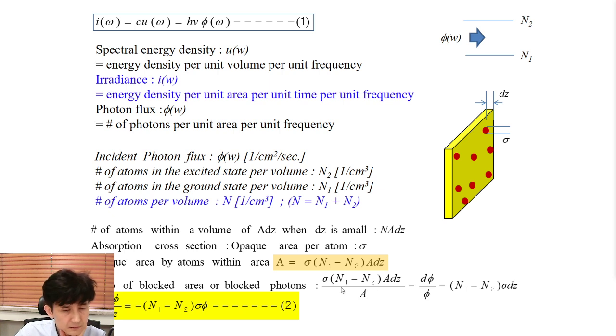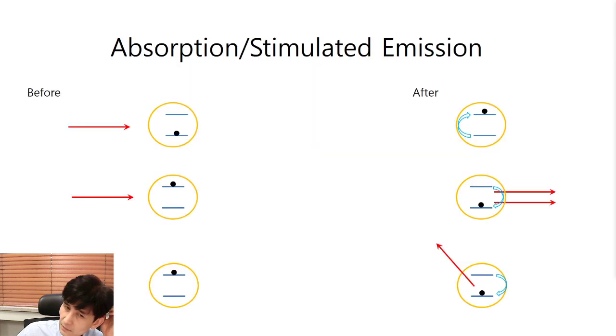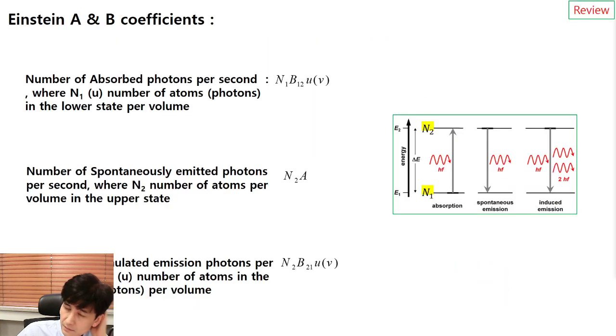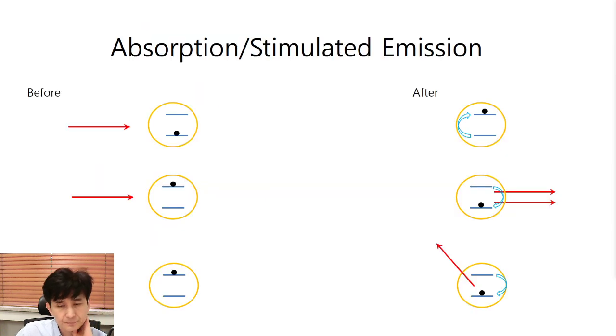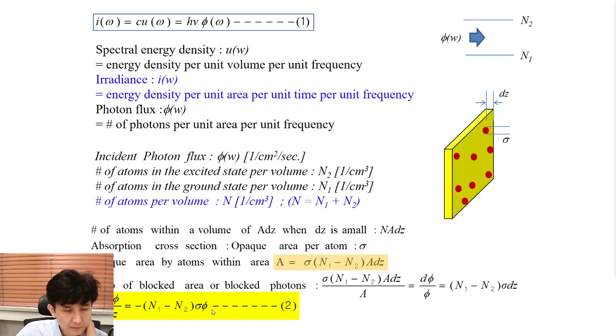The ratio of blocked area, or blocked photons, is the total opaque area divided by A, or the number of photons variation divided by the total number of photons.